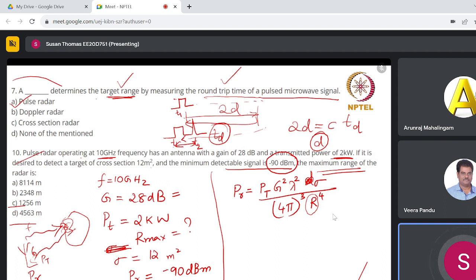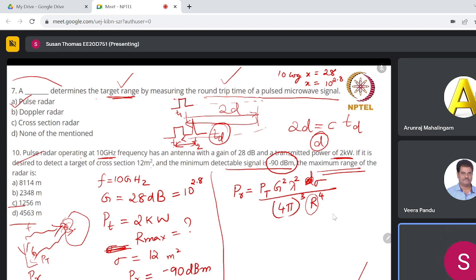So how do we convert the gain of 28 dB? The simple thing is 10 log x is equal to 28, so x is equal to 10 power 2.8. 10 power 2.8 will be the linear value of the gain.